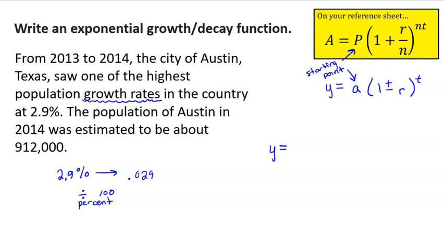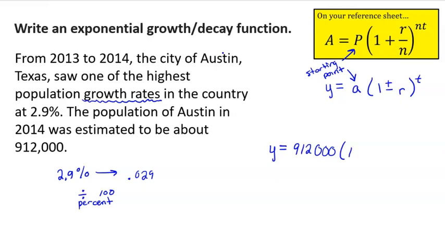So it says the population of Austin in 2014 was estimated to be about 912,000. So that's how much we would be starting with if we are continuing that trend. And then we are assuming that it's growing by that 2.9%.